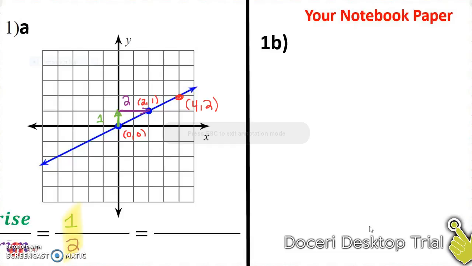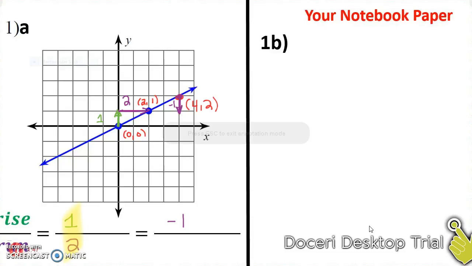And if I did that, you notice that if I start at 4, 2, I would have to rise down. So that means my rise here would be negative 1, which you may think to yourself, wait a minute, this isn't going to give me the same number that I got when I went from 0, 0 to 2, 1. But let's finish this out and see what happens.